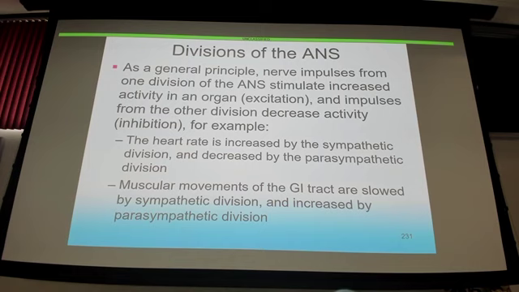It does a lot of changes to the body to enable you to get away from that saber-toothed tiger. And I always just say it this way, the sympathetic input to the GI tract causes it to slow down. Because you don't want to crap your pants while you're running from a saber-toothed tiger. Versus the parasympathetic system, which is rest and digest, sitting in a beanbag eating Cheetos. That's the parasympathetic system.